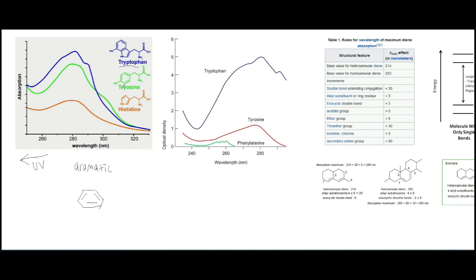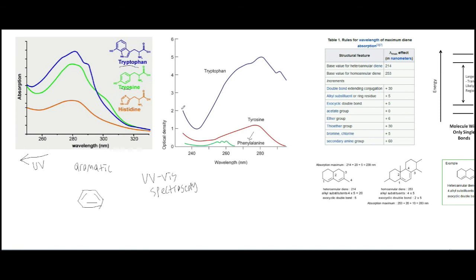tryptophan, the tyrosine, the phenylalanine, these are often used. These absorption maxima are often used when you are using UV-Vis spectroscopy to study proteins.